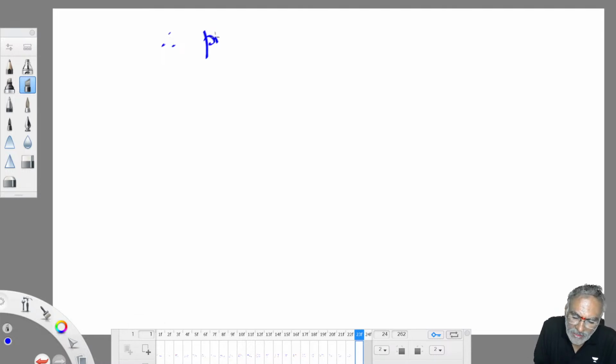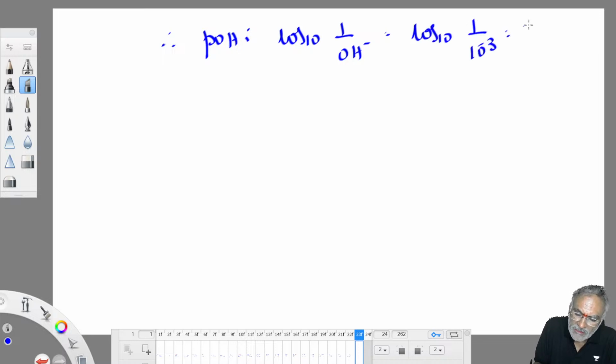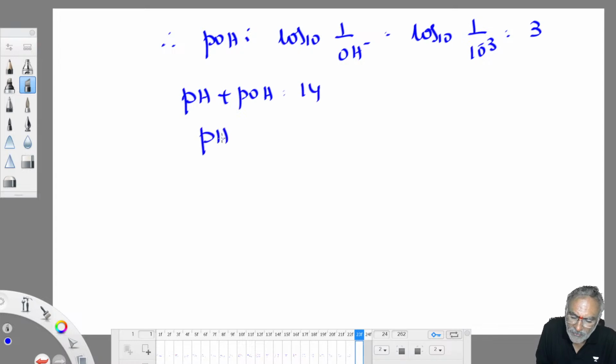Therefore, pOH is equal to log 10 of 1 by OH minus ions, so it is log 10 of 1 by 10 power minus 3. So pOH is 3. Therefore pH plus pOH is equal to 14, so pH is equal to 14 minus pOH.